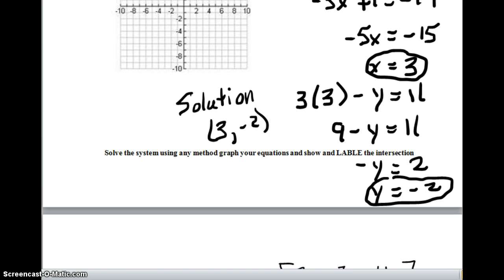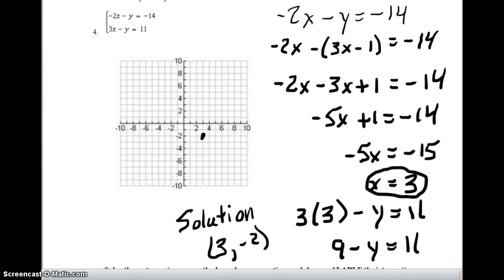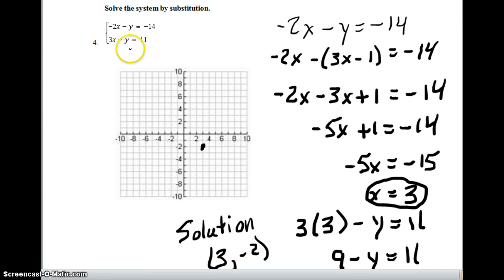So I would just go ahead and plot these points. 3, -2, and that would be my solution. Now, remember that if you do this by graphing, you're going to solve for y and graph it on the calculator, or we could have also solved this using matrices and would have plugged this into the A matrix.